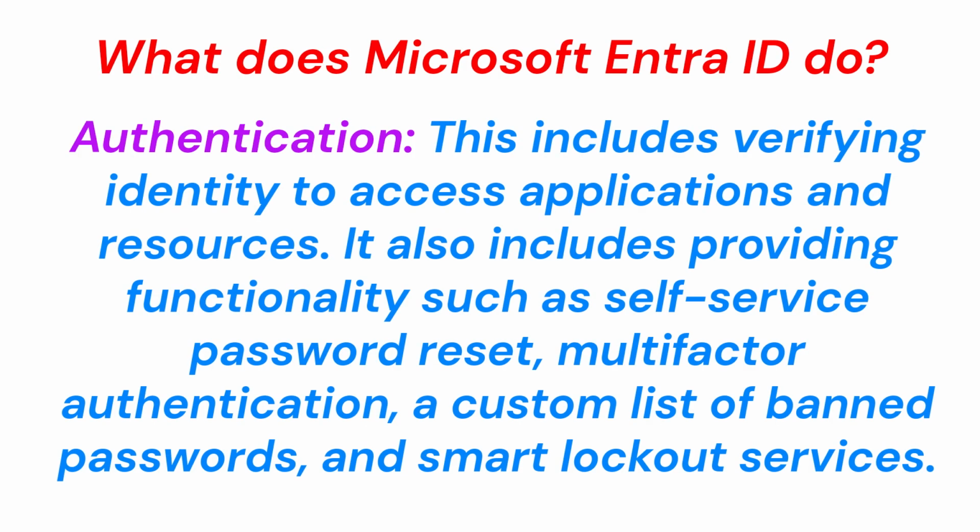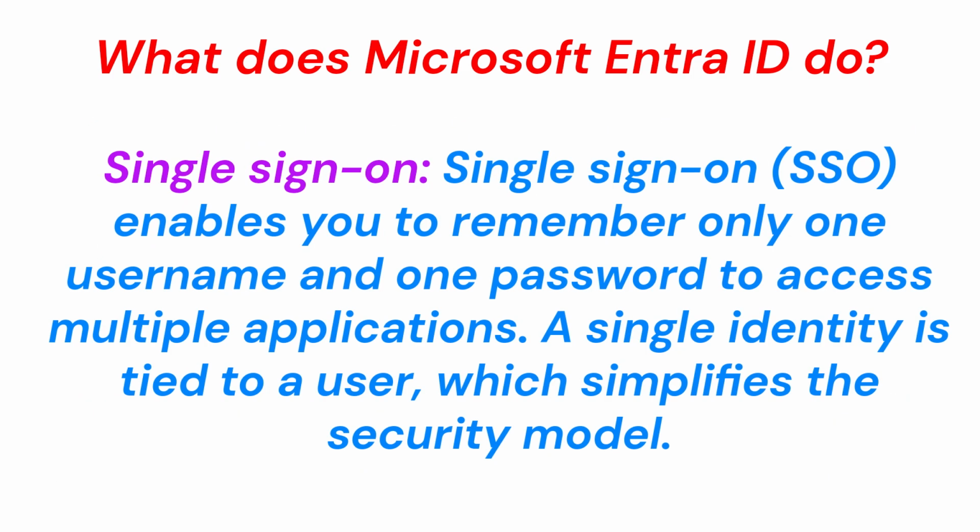What does Microsoft Entra ID do? Microsoft Entra ID provides services such as authentication. This includes verifying identity to access applications and resources. It also includes providing functionality such as self-service password reset, multi-factor authentication, a custom list of banned passwords, and smart lockout services. Single sign-on.